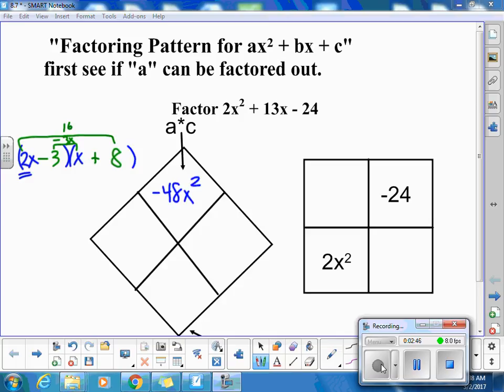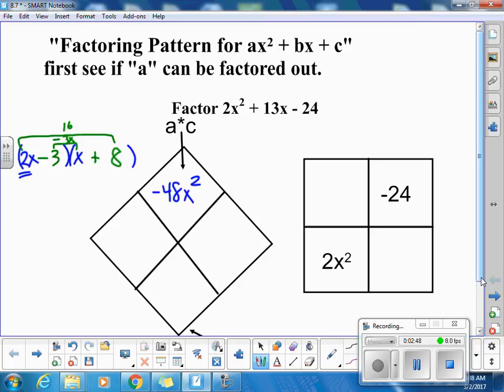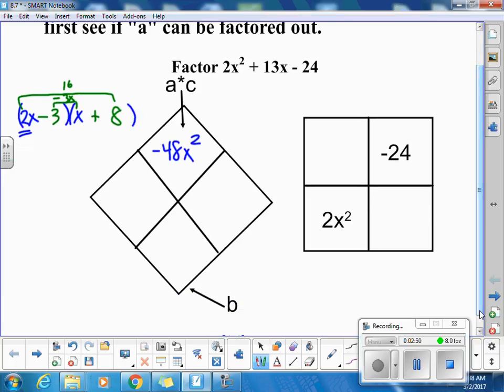On the bottom, it says b. I place b in here, so this is 13x. And these two side compartments are for things that multiply together to give us negative 48 and add together to give us 13.